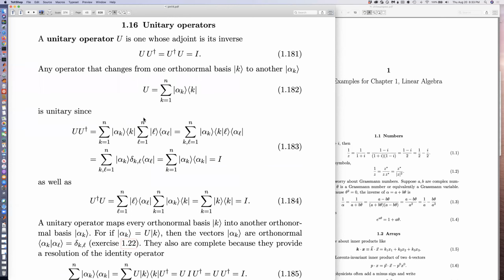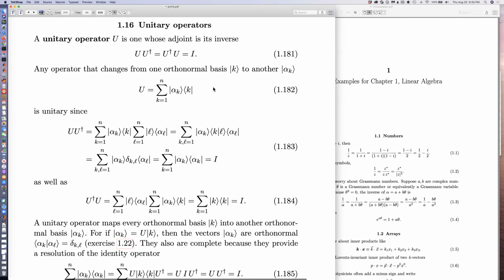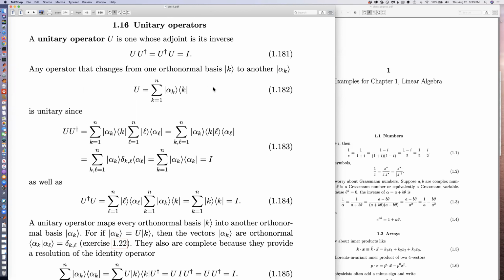Unitary operators. As you know, a unitary operator is one whose adjoint is its inverse. And as I mentioned before, but maybe didn't prove, any operator that changes from one orthonormal basis to another is automatically unitary. So these two bases are orthonormal. Let's form U dagger. Well, U is this, U dagger is this.